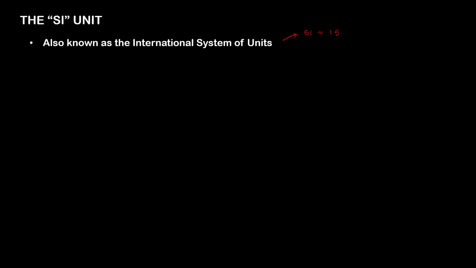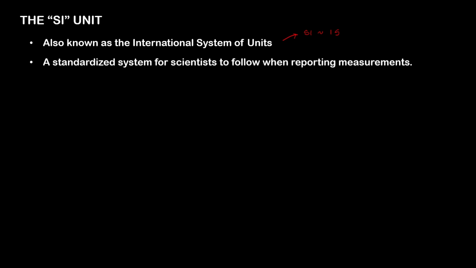Okay, so SI units are the globally accepted standards used to measure physical quantities such as length, mass, time, temperature, amount of a substance, electric current, and luminous intensity, which we will discuss later on.